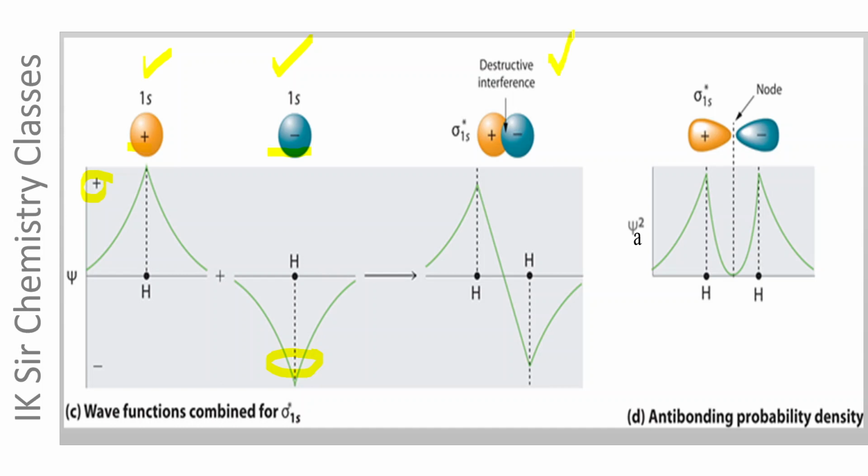As a result, when the electron enters this sigma 1s star, that is anti-bonding MO, the electron density between two nuclei decreases, and as a result a repulsive force acts between two nuclei and the energy of the system increases. This is anti-bonding MO.